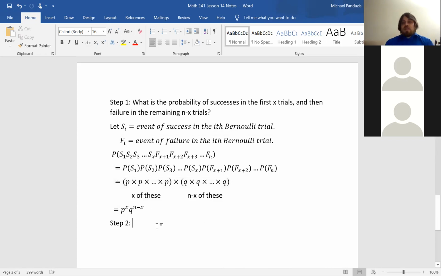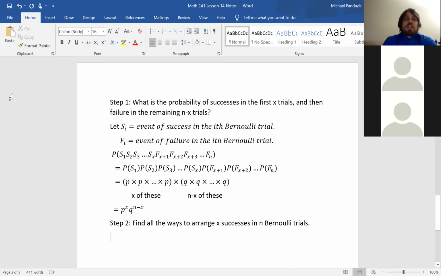You can rearrange the trials in which there were successes and failures, and that's another instance of exactly X successes. So step 2 is to find all the ways to arrange X successes in N Bernoulli trials.